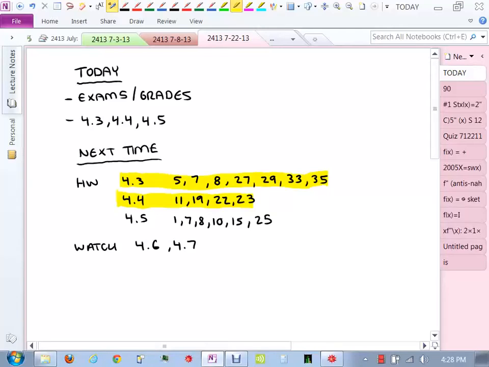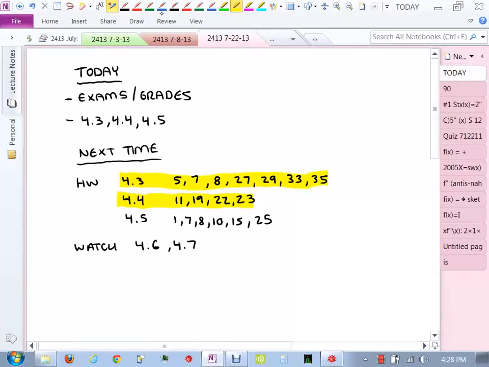So if I were sitting back and asking what I am going to focus the next 48 hours on for homework, where would I gain the most putting my energy? It would be going straight to 4.4 and doing 11, 19, 22, and 23, because those incorporate the skills from 4.3, right? You have to do the stuff from 4.3 to do those problems in 4.4. So that's where I would start.